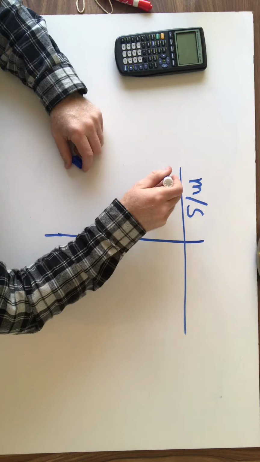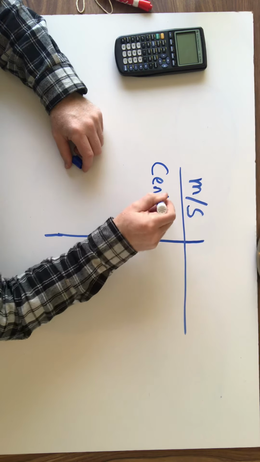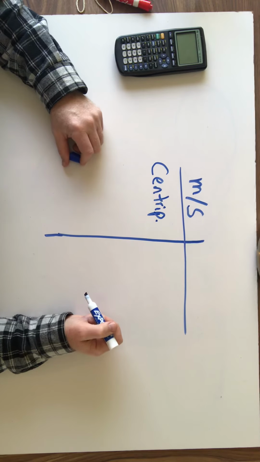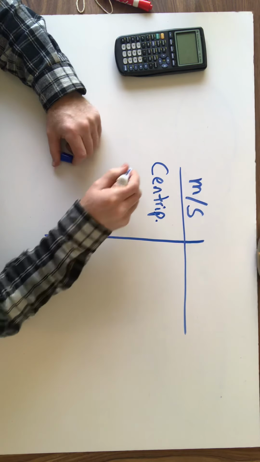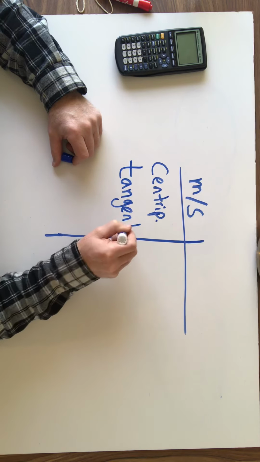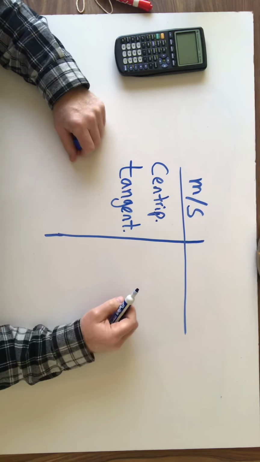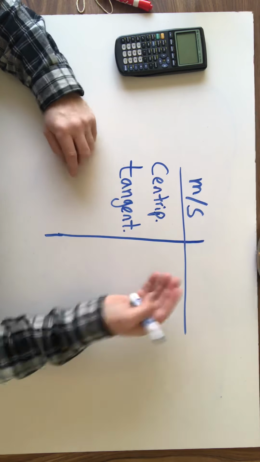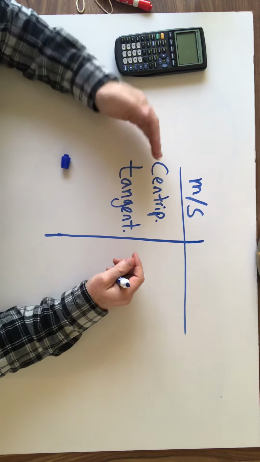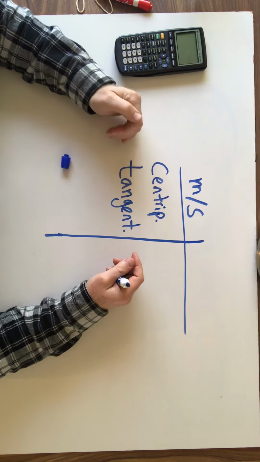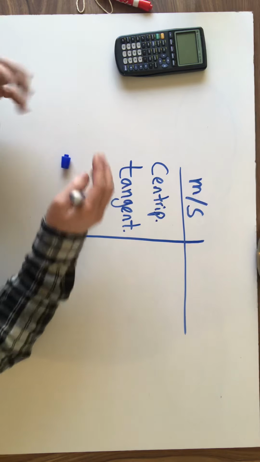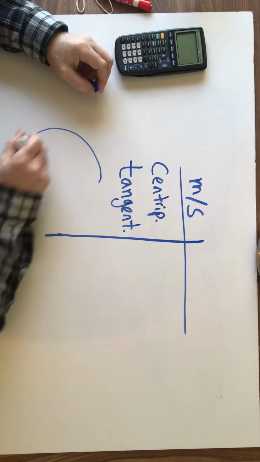You'll see the words centripetal velocity. You'll see the word tangential velocity or tangent velocity. Those two words, which we used last week, centripetal velocity, centripetal acceleration.